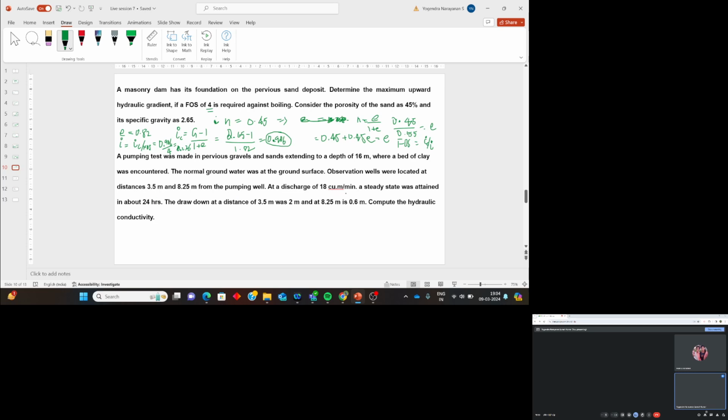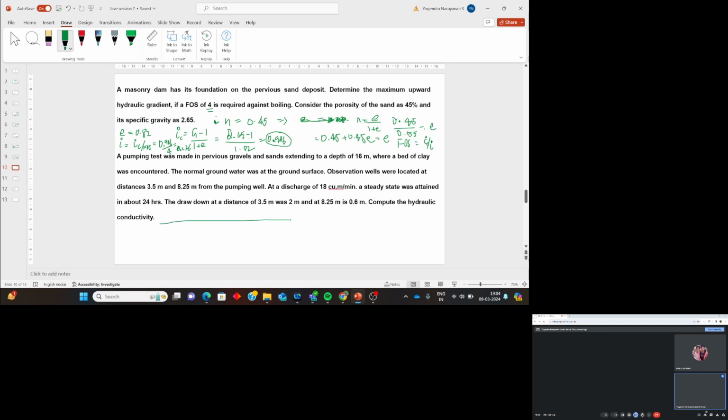At a discharge of 18 meter cube per minute, a steady state was attained in about 24 hours. The drawdown at a distance of 3.5 was 2 meters and at 8.25 meters is 0.6 meter. Compute the hydraulic conductivity. Now you make the figure.